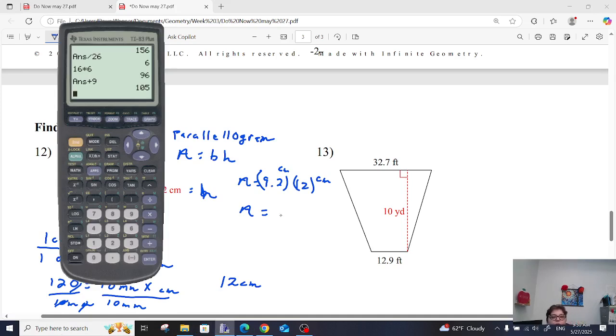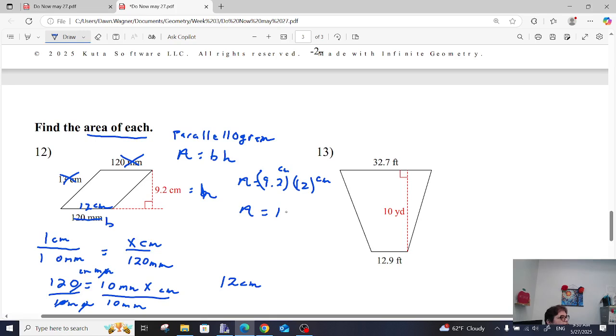What did you get? 104? Oh, 110.4 centimeters squared. Okay, makes sense or doesn't make sense?